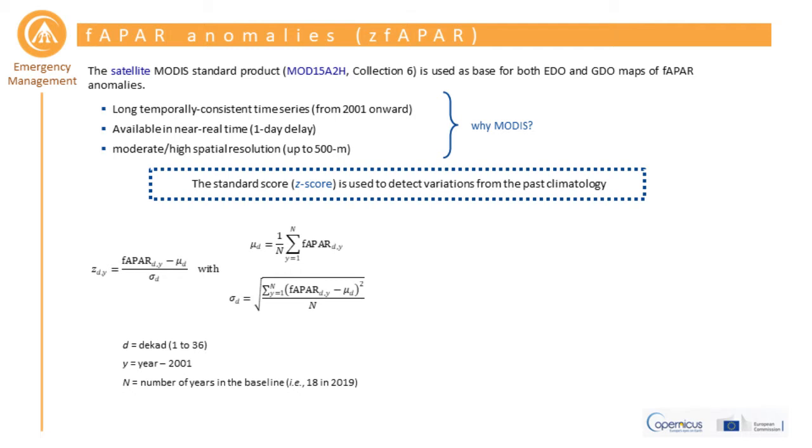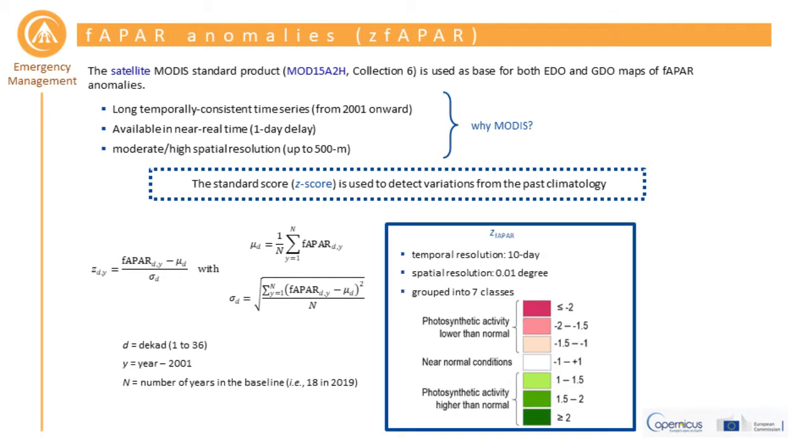In detail, what we do is we are not using the FAPAR as a direct measure of the drought, but we use the standardized score, analogously to what we do with the SPI and the soil moisture anomalies. So we basically quantify the deviation of the current FAPAR from a long-term climatology of the FAPAR. So we basically quantify if the current conditions are more green or less green than the usual condition based on historical data.